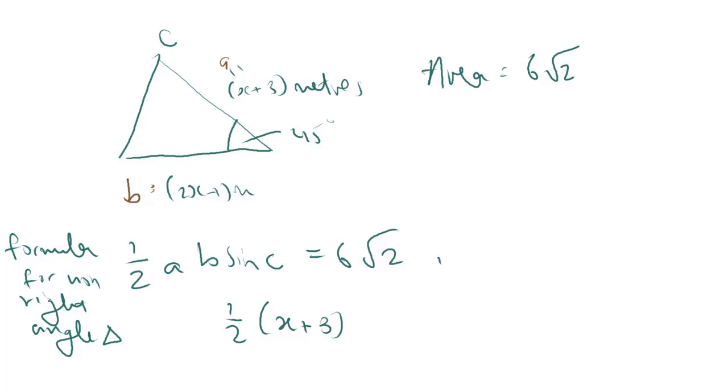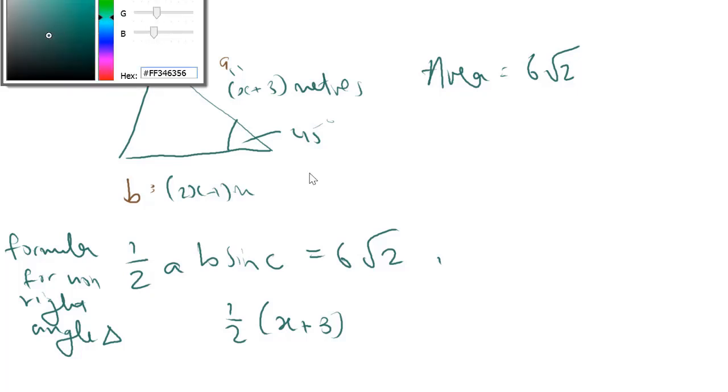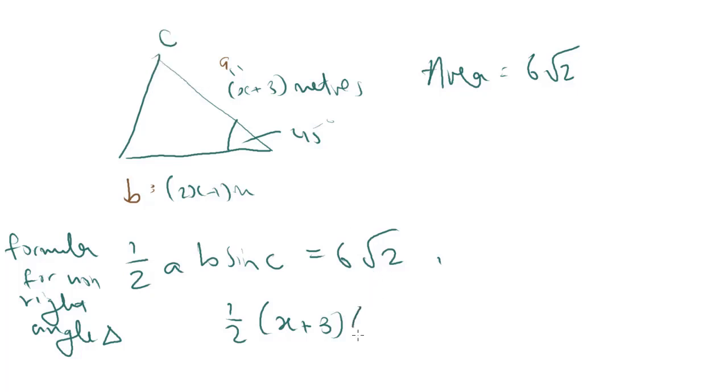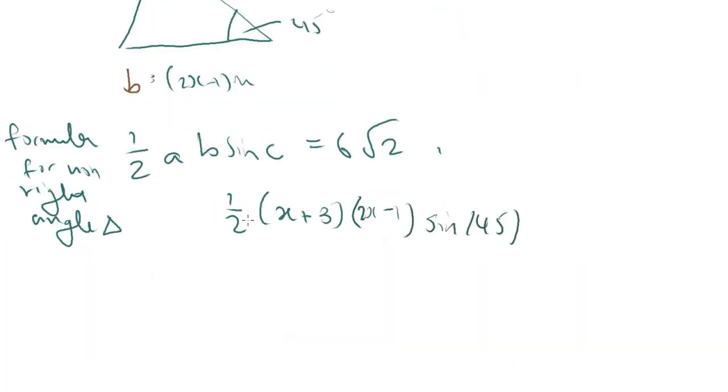And then this one here, 2x minus 1, and then we say sine 45 equals 6 square root 2, and then sine 45 is just square root 2 over 2.